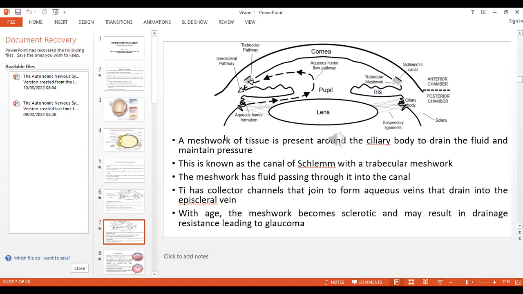This means that when the meshwork becomes sclerotic, it becomes hard. It's the same thing when you are building something, maybe creating a foundation. In order for it to prevent a fluid from passing through that building, the concrete has to become hard. But if it's soft, there will be a continuous flow of the fluid.